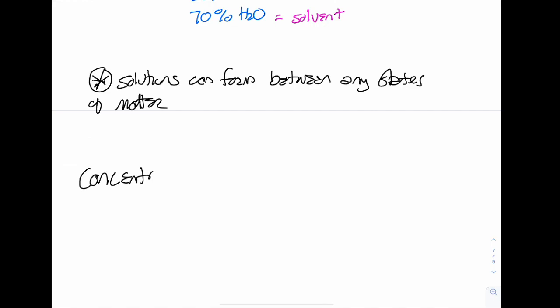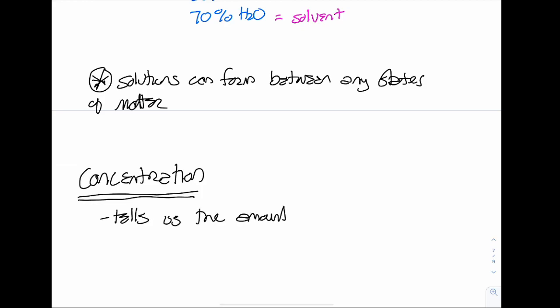So gas in water. You can make, like I said, solutions between any of the states of matter. So concentration. When we're talking about concentration, we're actually talking about how much solute is there per solvent or solution. So we're actually talking about a number. When I say what is the concentration, we want a numerical value to tell us how much solute per solvent or solution we have. So this tells us the amount of solute per solution or solvent.